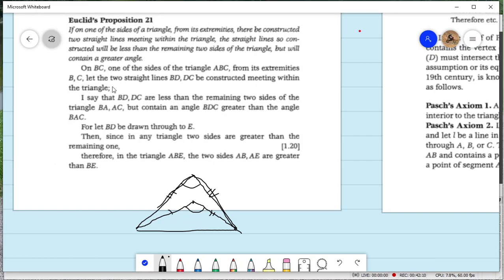So, the proof. On BC, one of the sides of triangle ABC. Let's make another drawing. So, suppose you have triangle ABC.